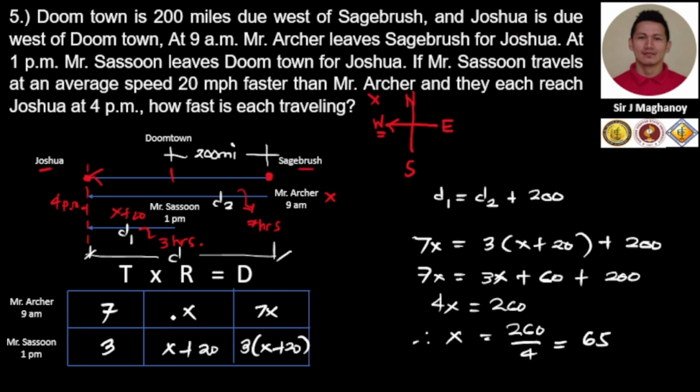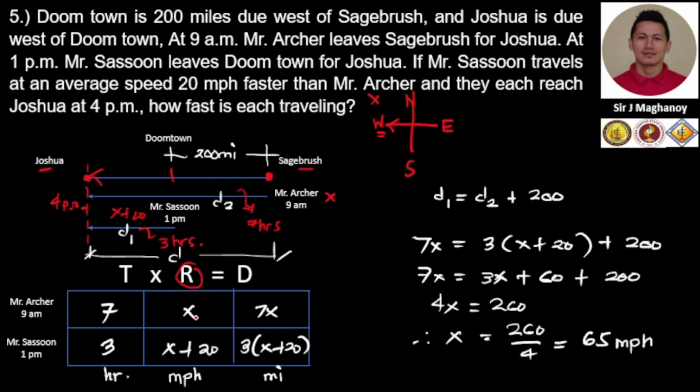So what is our unit here? If this is mile per hour, this should be in miles, and this should be time in hours. So the unit of our rate is mile per hour. We are tasked to determine the rate.